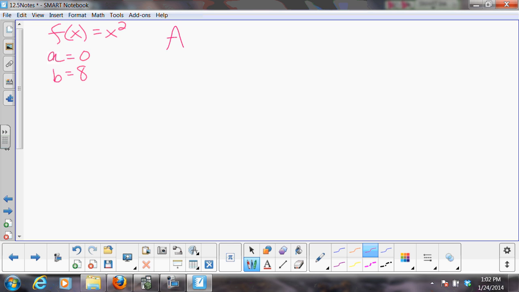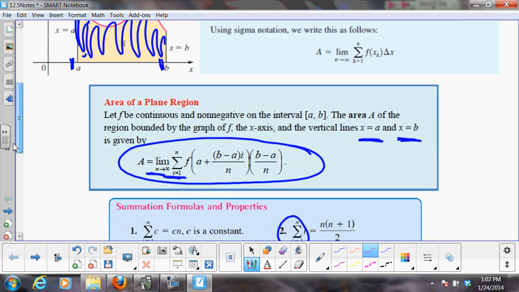So we start off with area equals the limit as n is going to infinity of the summation of i going from 1 to n of, now I just got to plug a and b in.